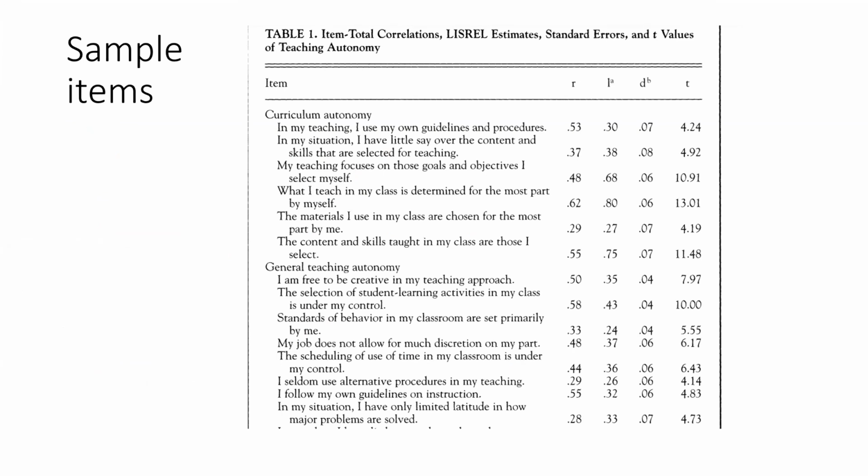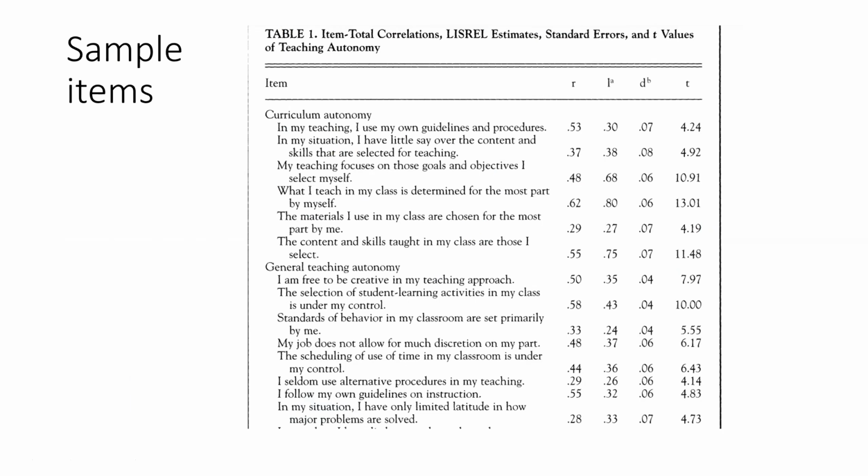Curricular autonomy has to do with, for instance, I have little say over the content and skills that are selected, goals and objectives, what I teach, the materials I use, and so on. Whereas general teaching has more about standards of behavior, scheduling, and teaching approaches. So those are just some samples of the sorts of things that were asked in this study.